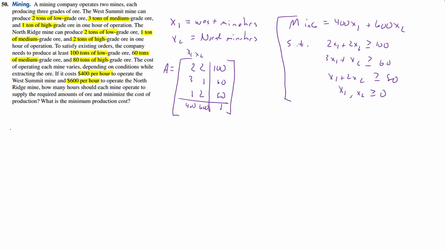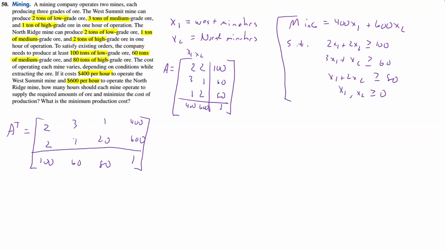Now, A transpose. Now we're going to go down. So 2, 3, 1, 100... I can't read my own handwriting. And then 400, 600, and 1. So it's going to look something like that. And so now we're at y1, y2, y3.